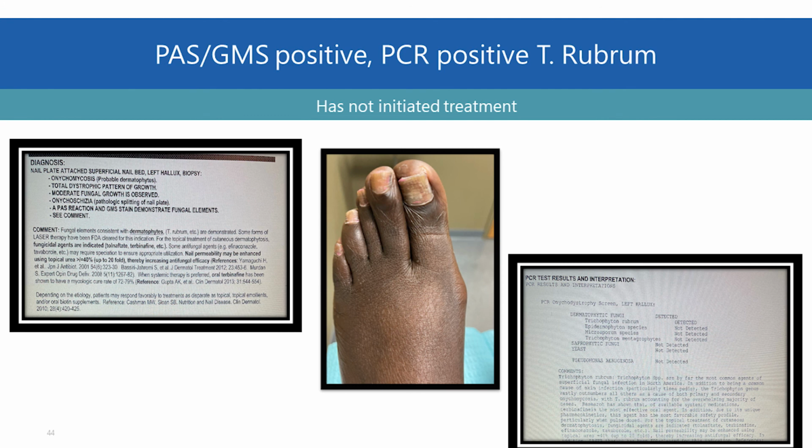But again, there are many other reasons why a patient will suffer onychomycosis, and you definitely want to perform your proper testing to determine what those organisms are. This patient has not started treatment. She is trying to decide if she wants to treat this topically or orally.